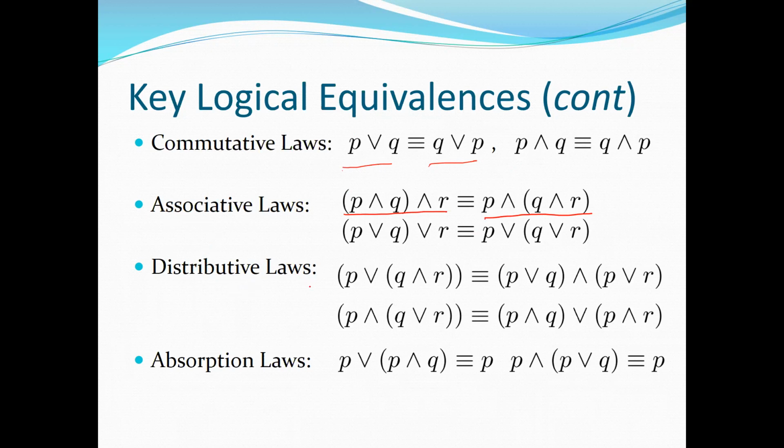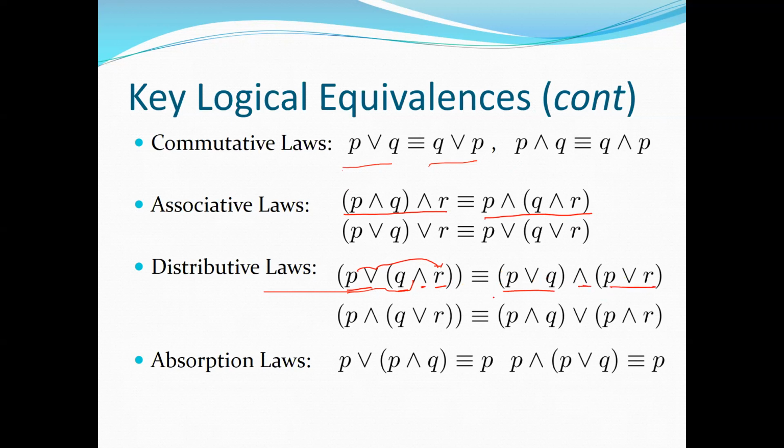Distributive law. The distributive law is if you have something like this, P or (Q and R) in the bracket. You can distribute this P with Q and P with R as well. Like what? P or Q separately, and then P or R separately, and then this AND will be in between.